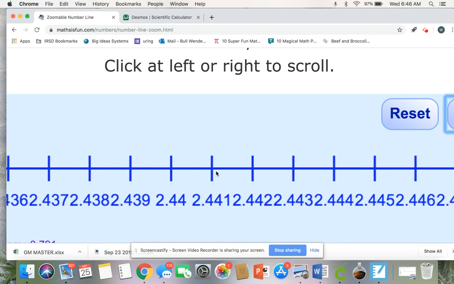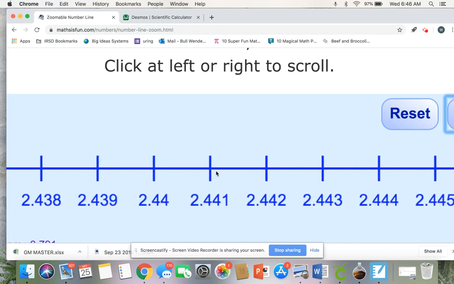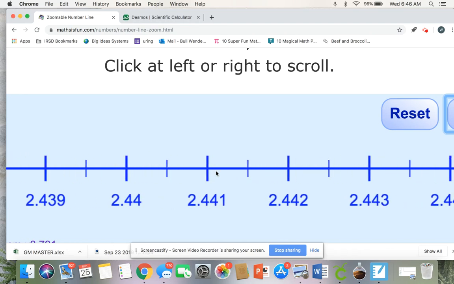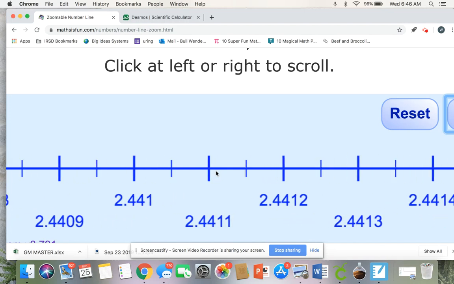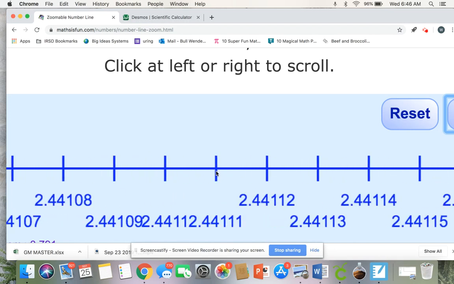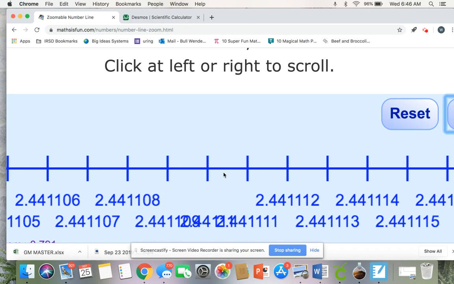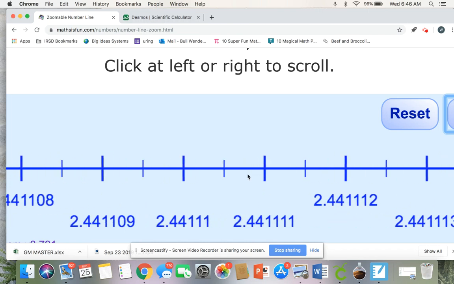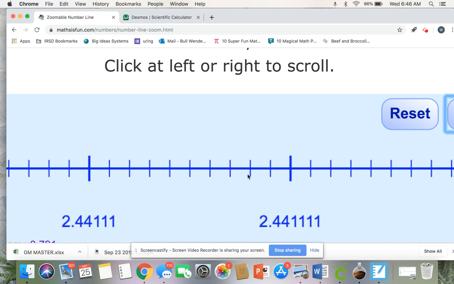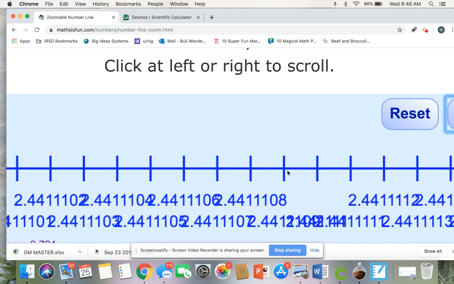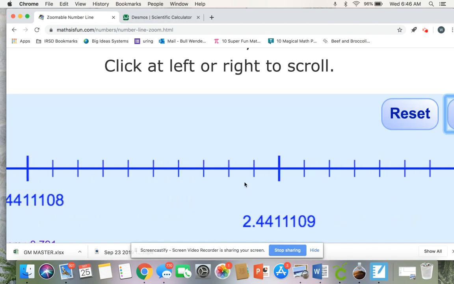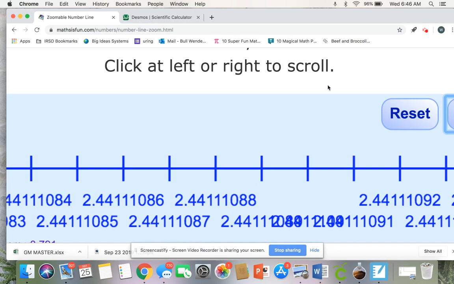So this would be 2.411, 2.412, 2.413. And again, if you go on and on and on, these numbers never end. So you can always come to a more specific number, or a number with another place value, on your number line. It never stops, it never ends.